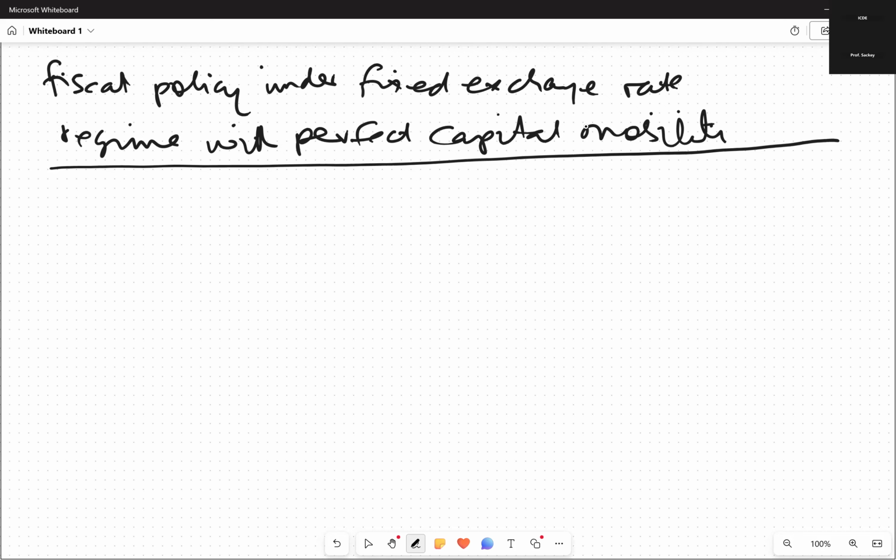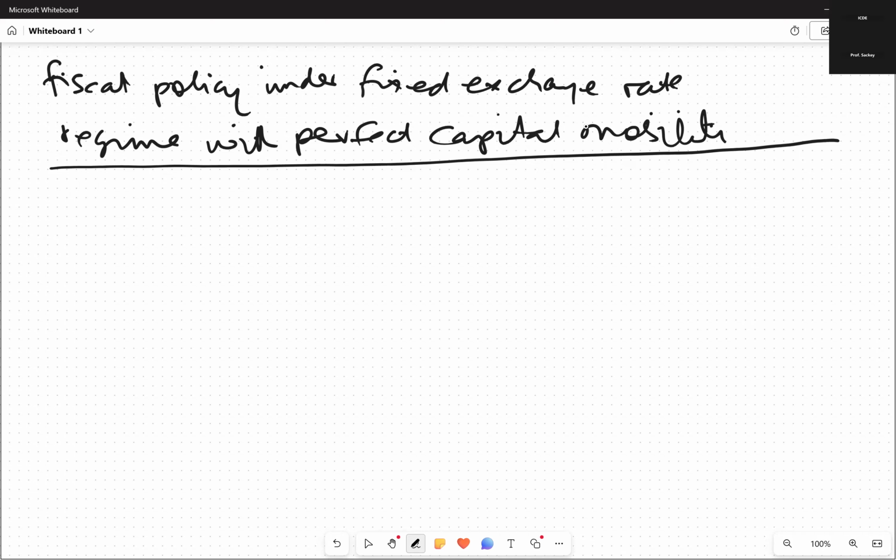So take note of these two. Now let's begin. We are looking at fiscal policy. Let's say there is an imbalance in the system, or government intends increasing output, or productivity, or production.